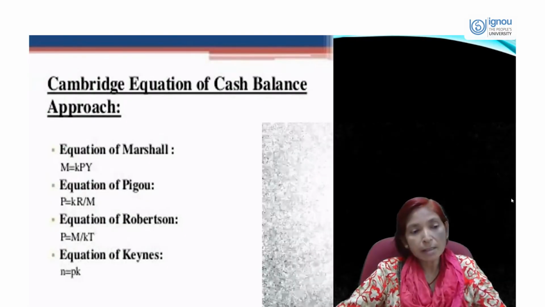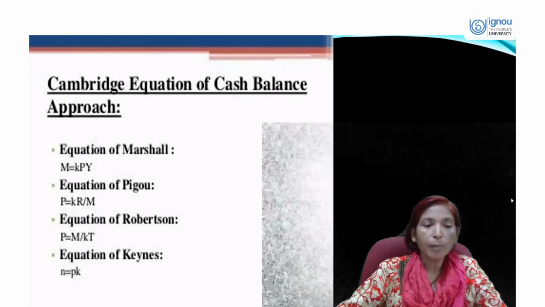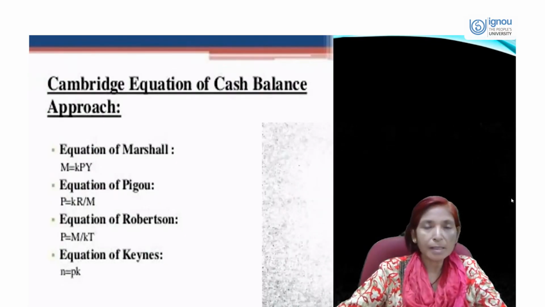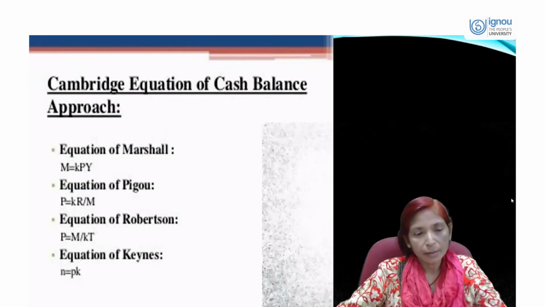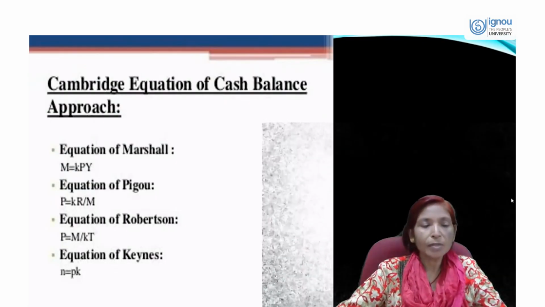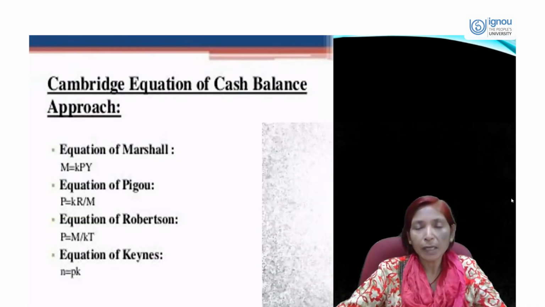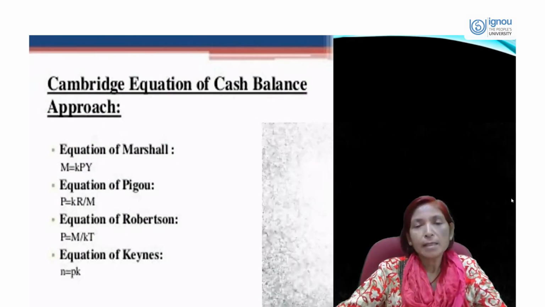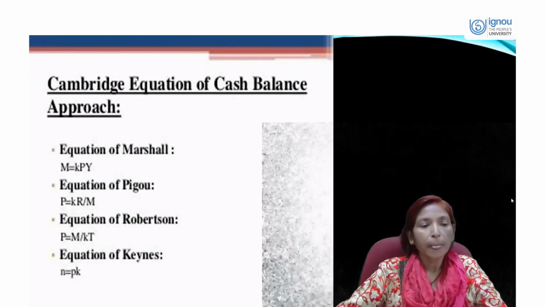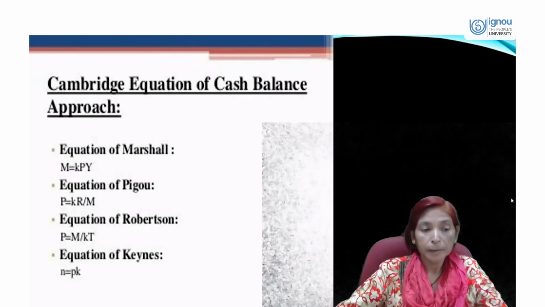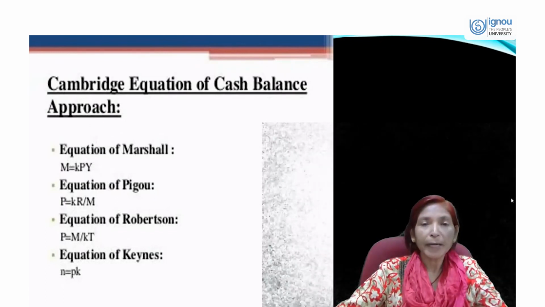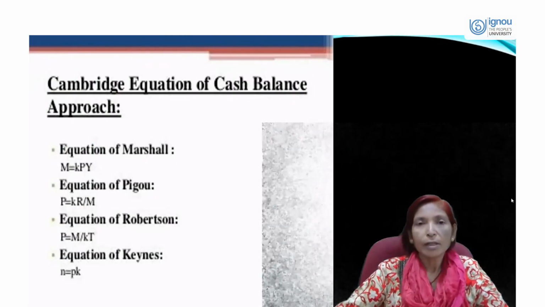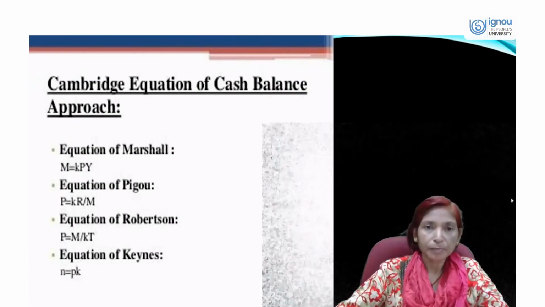The equation of Robertson is P = M/KT. M is money supply, P is price level, K is the fraction, T is transactions. And the equation of Keynes is N = PK, where N is money demand, P is price, and K is the fraction of income which everyone wants to keep in cash form.